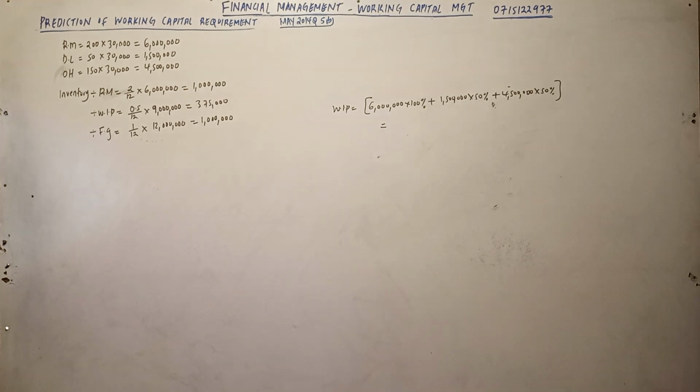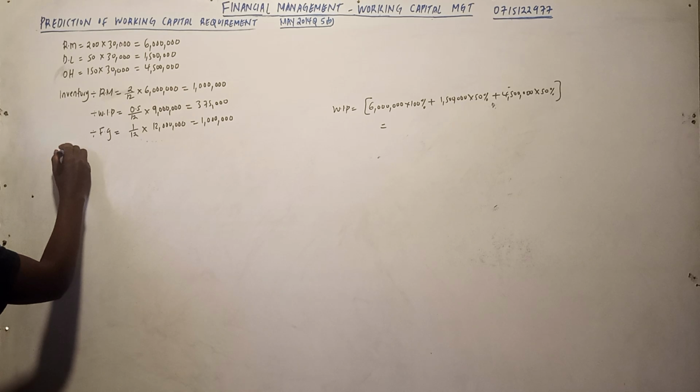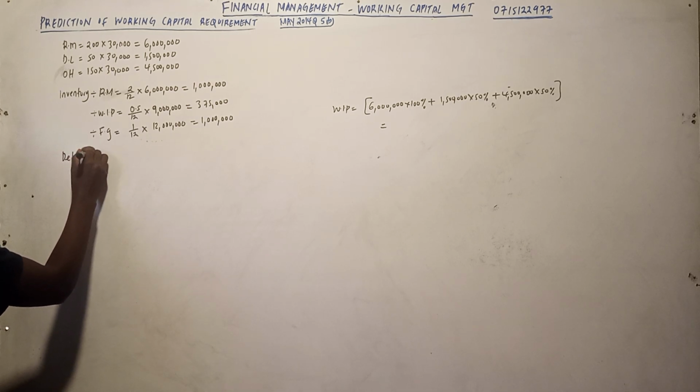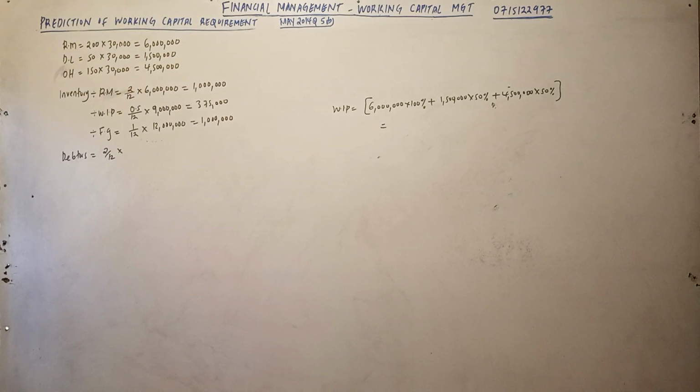Next we have creditors. So we want credits allowed to debtors. Kwanza ni hiyo ya debtors. Credits allowed to debtors ni 2 months. So 2 over 12. Now debtors inaendanga na total sales. So tuko na sales yetu pale juu 500.